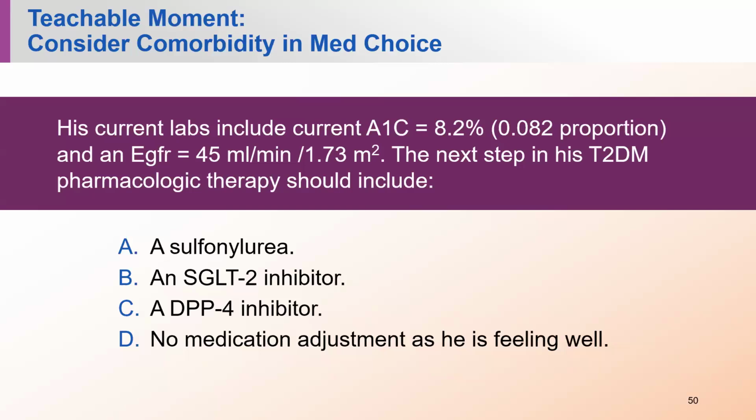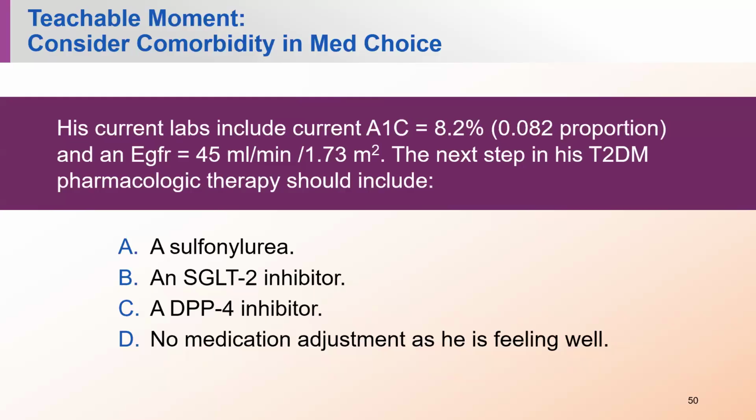So the sulfonylurea could bring down his blood sugar, but who do you think is more likely to develop hypoglycemia on a sulfonylurea? A younger adult with a GFR in the 70s, or a middle-aged man with stage 3A CKD who's going to hang on to that sulfonylurea for a long period of time?